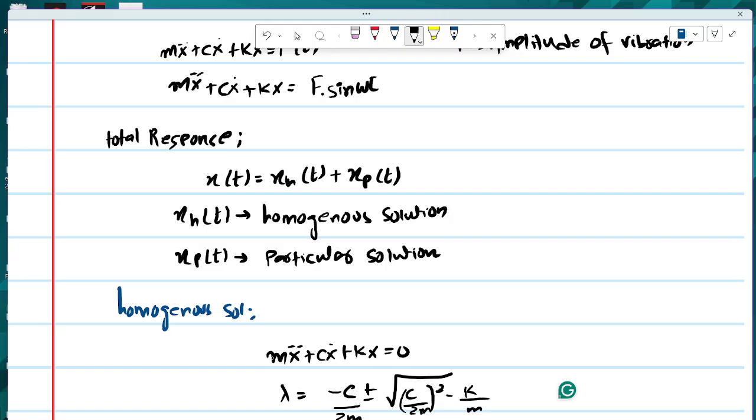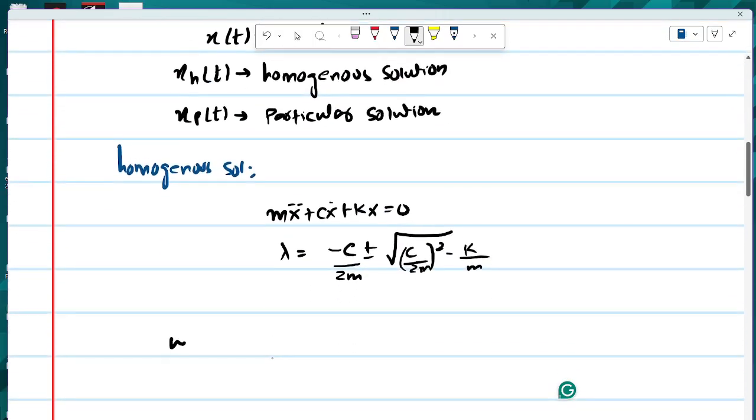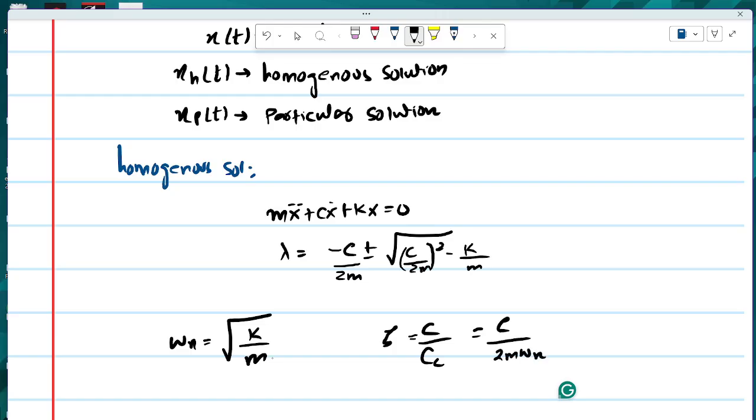We know that omega n is equal to the square root of k over m, and the damping ratio is c over cc, where cc is 2m omega n, so it can also be written as c divided by 2m omega n. And we can use the same cases that we have seen before.